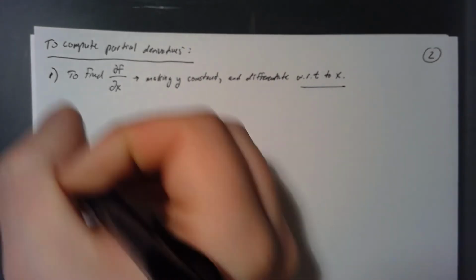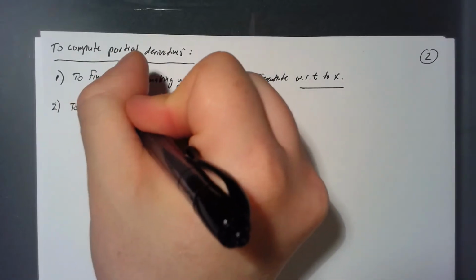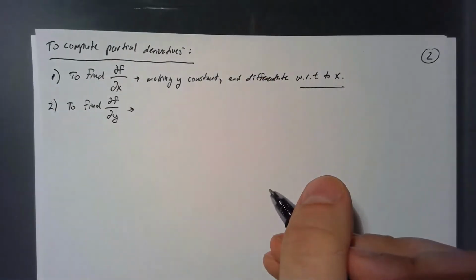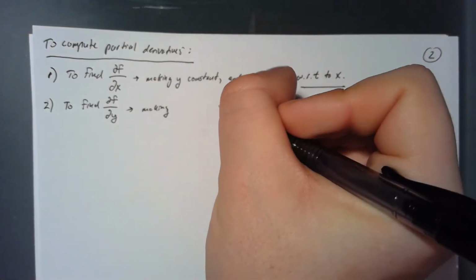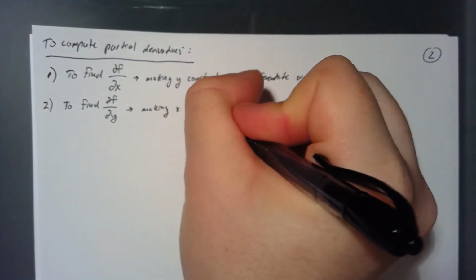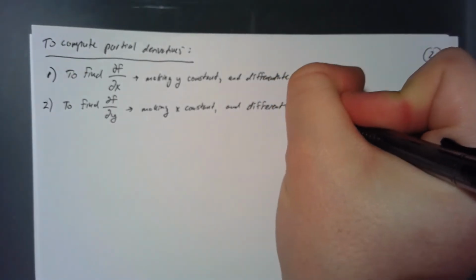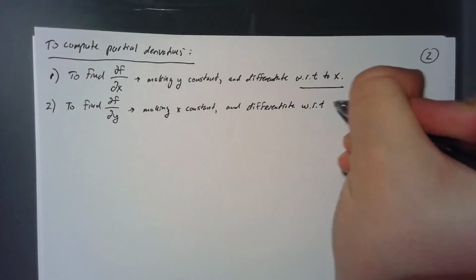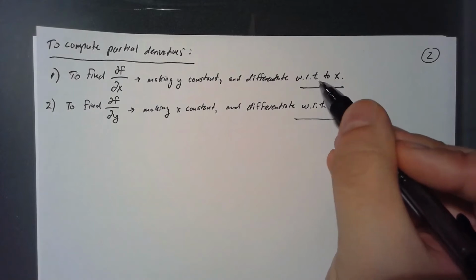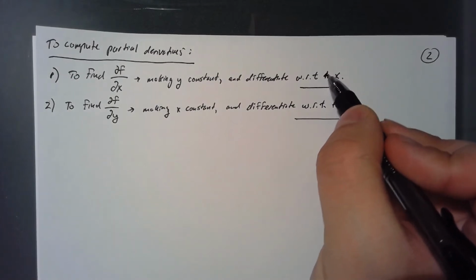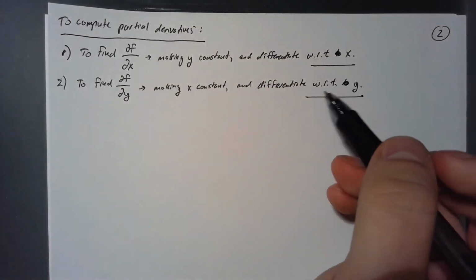That's all you're doing. And then similarly, to find the partial derivative of f with respect to y, you're making x constant and differentiating with respect to y. I know I did some stupid stuff there, but you get the idea.